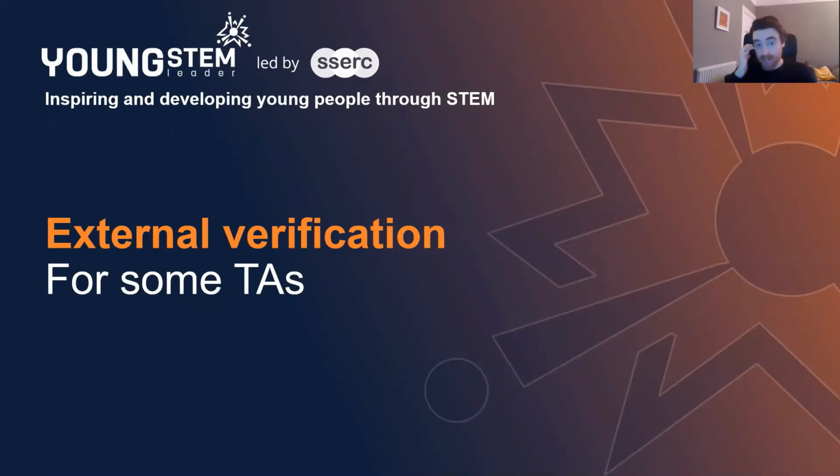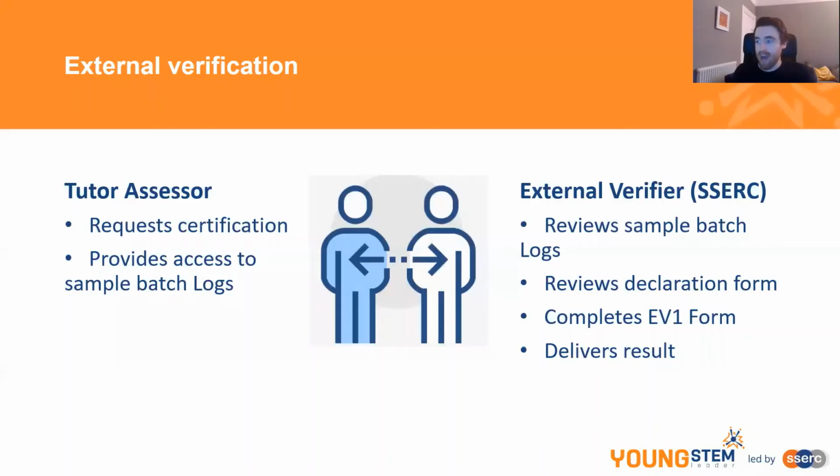But for some tutor assessors, we will need to go through a process of external verification. This happens between the tutor assessor, so you, and an external verifier, which is myself or one of my colleagues at CERC. So at the stage where you, the tutor assessor, request certification, we will then ask, if you are selected for external verification, to provide access to us at CERC to your sample batch logs, whether that's by post or email or through the online platform.